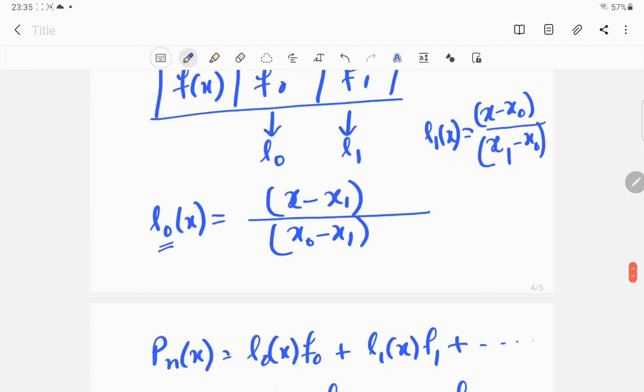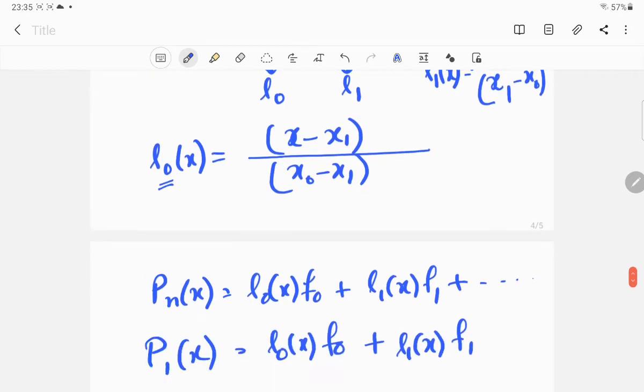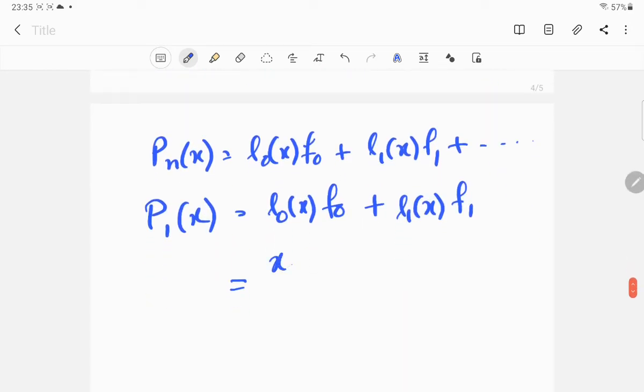What is that? x minus x1 by x0 minus x1. So it comes out to be F0.